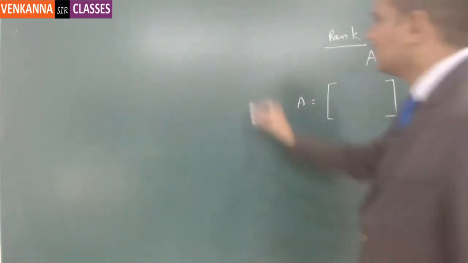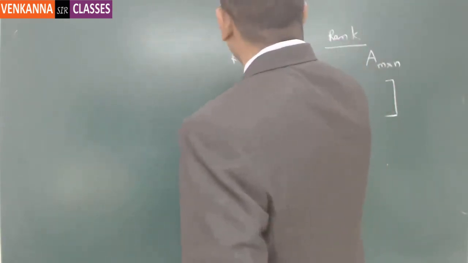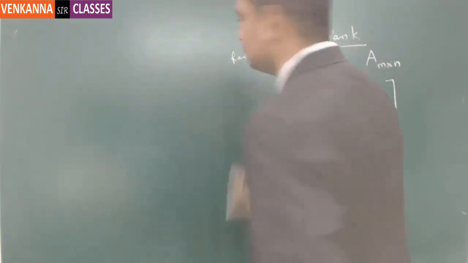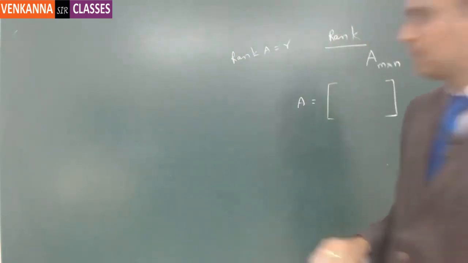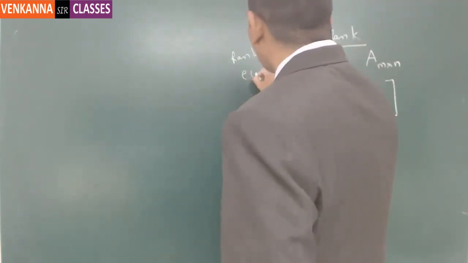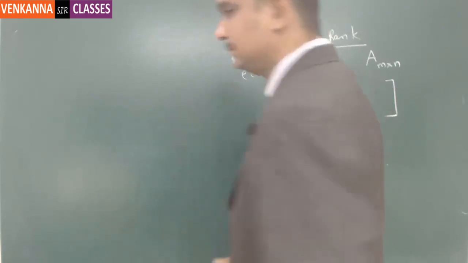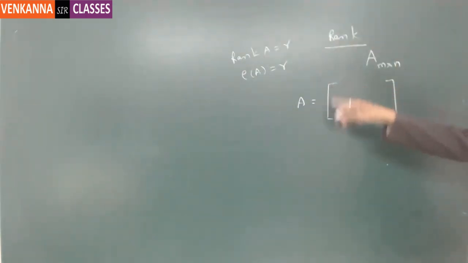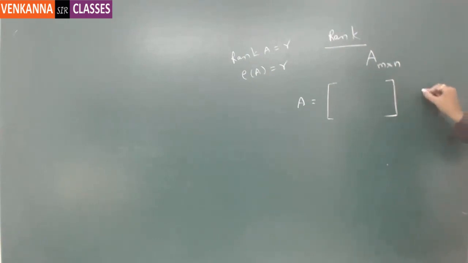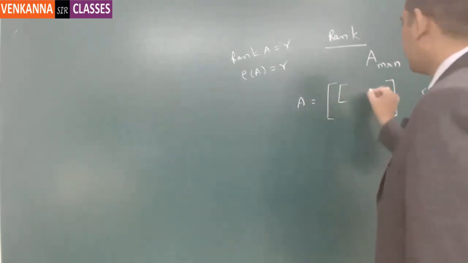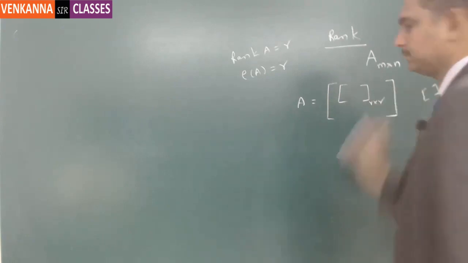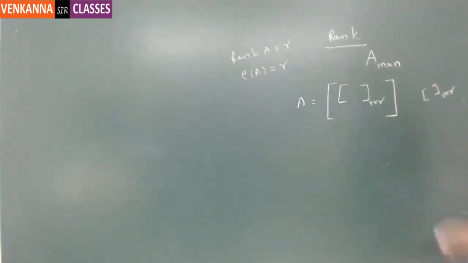Now, if I say that rank of A is equal to R, symbolically we write rho of A is equal to R. It means that in the whole matrix A, if you take any square submatrix of order R by R, any portion of it, then if you calculate its determinant, it will be not equal to 0.